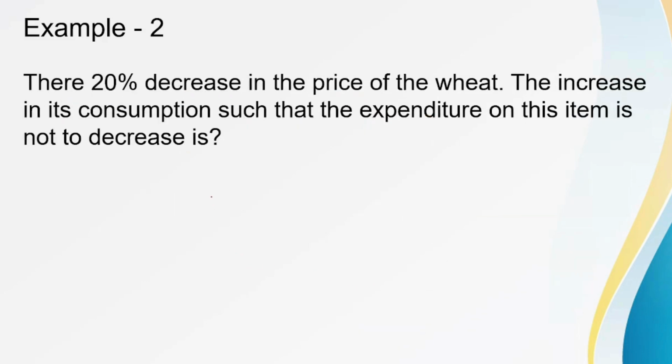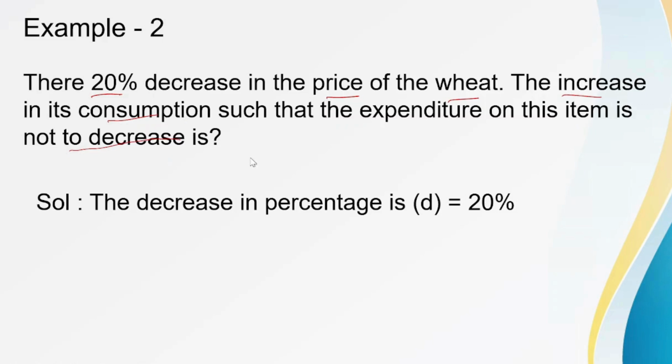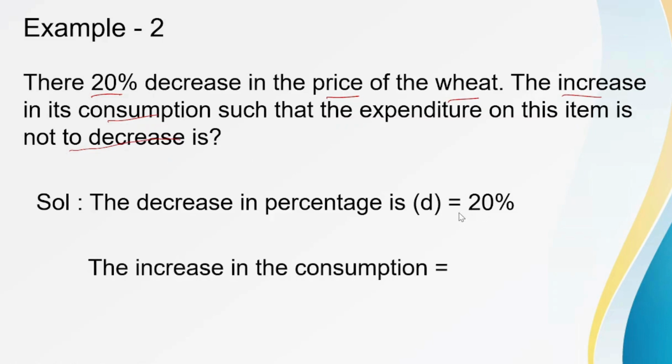We see the next example. There is a 20% decrease in the price of wheat. Find the increase in its consumption such that the expenditure on this item does not decrease. So this can be calculated. The decrease percentage given here is 20%.